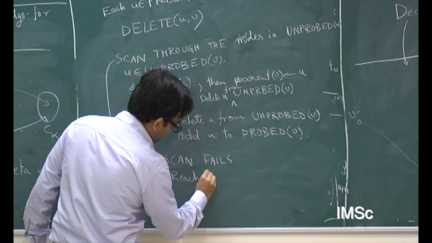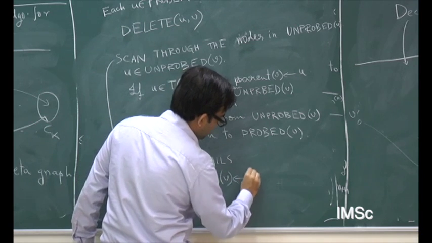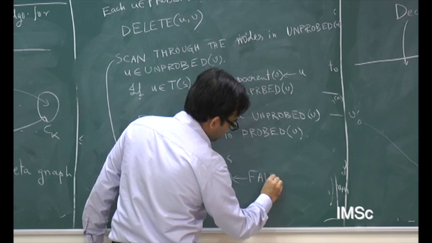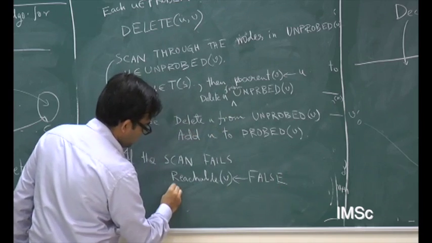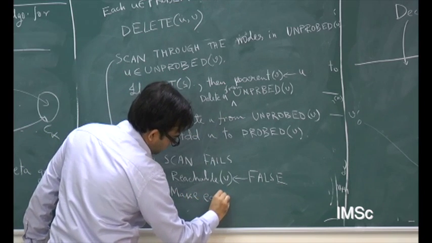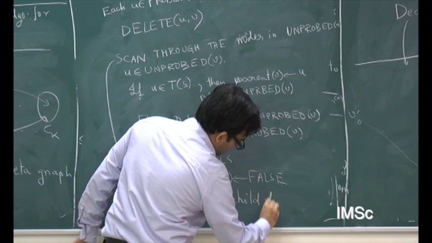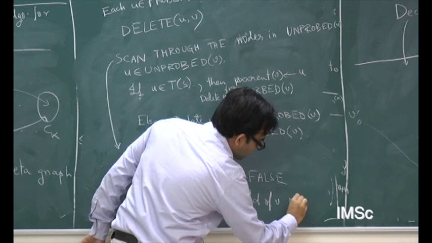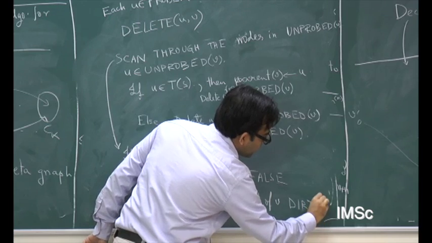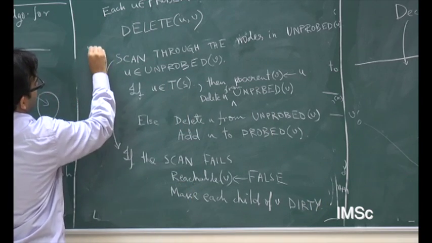You have this counter, set this thing to false, make each child of V dirty, and you have this while loop.